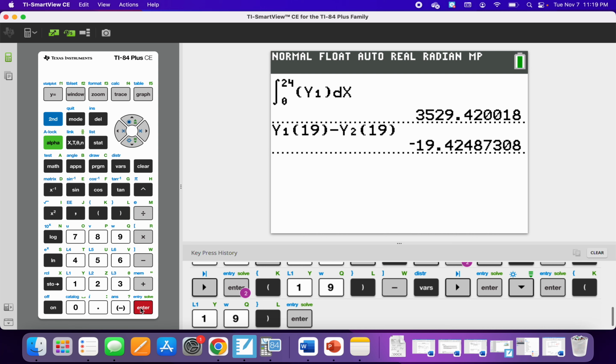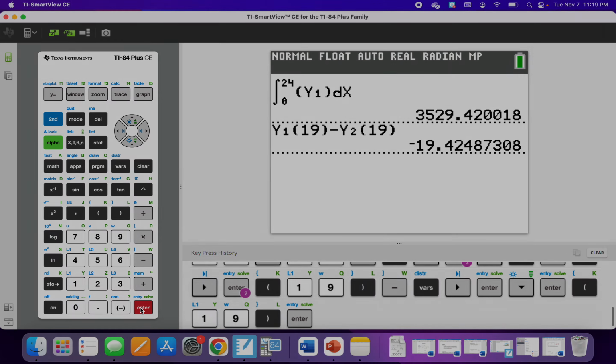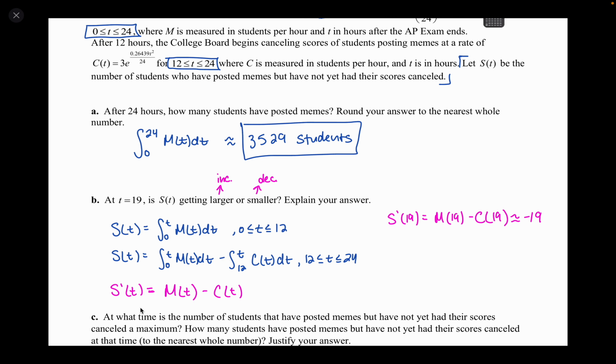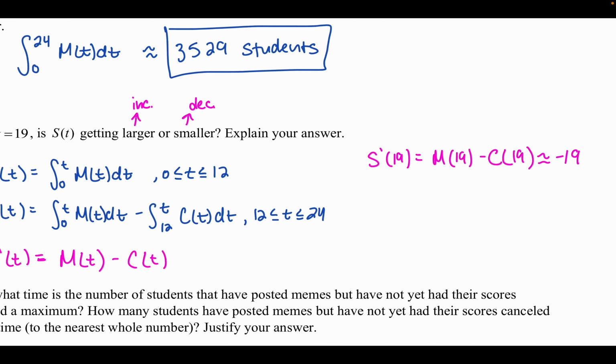Okay, so I'm going to write this down as about negative 19. So that's about negative 19. So s prime of 19 is less than 0. Therefore, it is getting smaller.